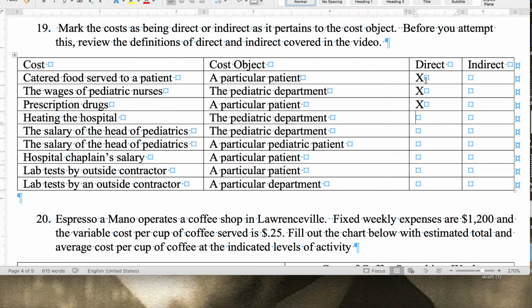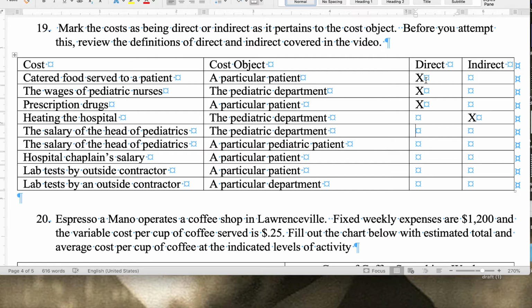We can take the total heating bill, calculate the square footage of the hospital and how much square footage each department occupies, and we can allocate that heating bill based on that occupation rate. But is that easy and convenient? It's not. So that is actually an indirect cost. Tracing the heating of the hospital to the pediatric department, we really can't do that easily and conveniently. So we're going to say this is an indirect cost. Okay.